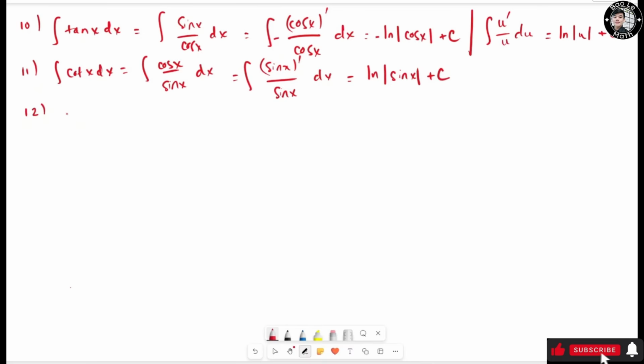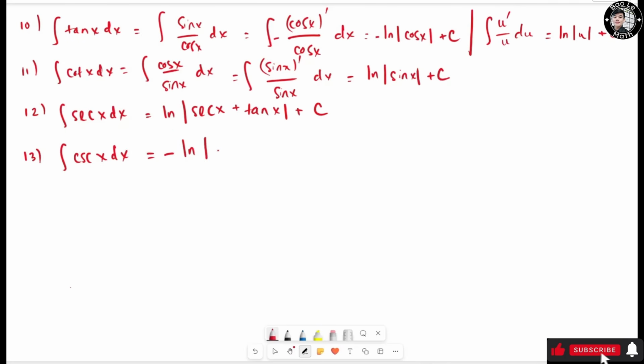Now number 12. The antiderivative of secant s ds is ln of the absolute value of secant s plus tangent s plus c. Number 13. The antiderivative of cosecant s ds equals negative ln of the absolute value of cosecant s plus cotangent s plus c. Number 14.